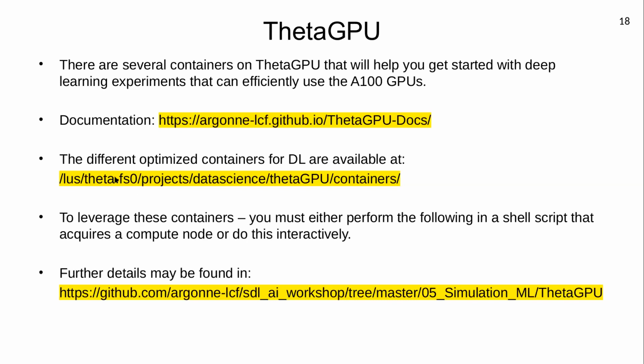So what we want to do is use the containers that are already available on Theta GPU and basically shell into them and then install any additional libraries that we want using, say, virtual environments in Python, and then running, for example, our Python scripts using these virtual environments, right?